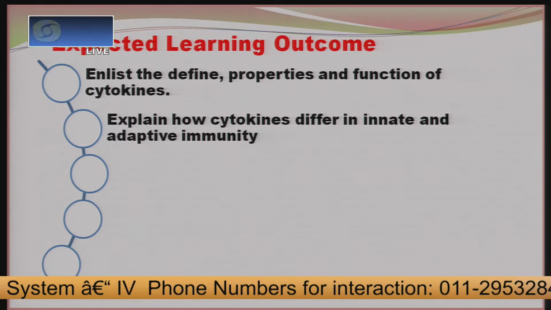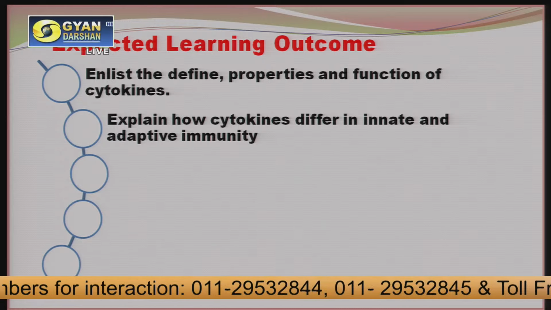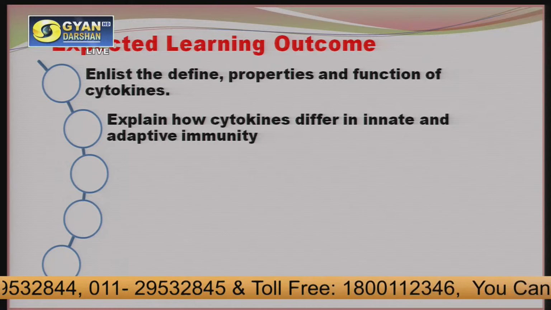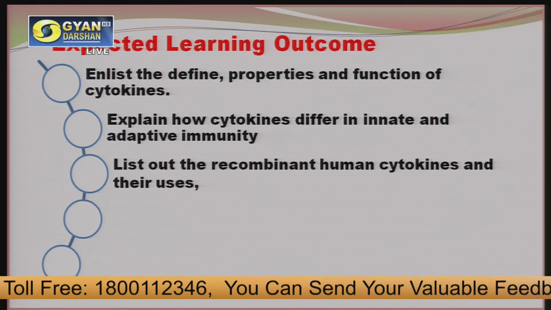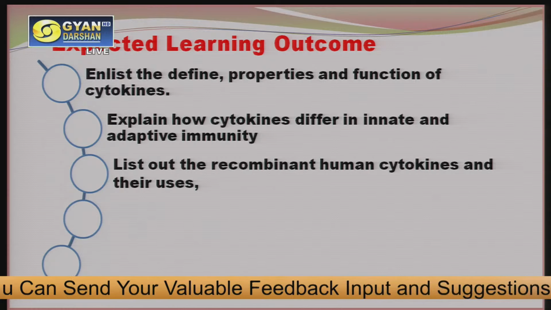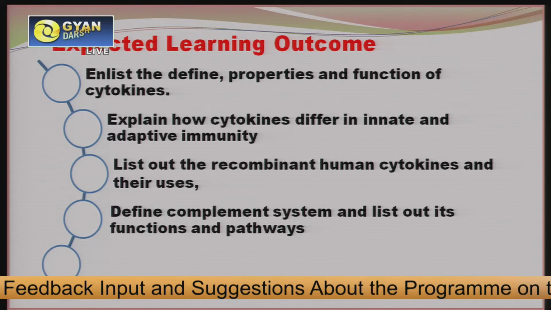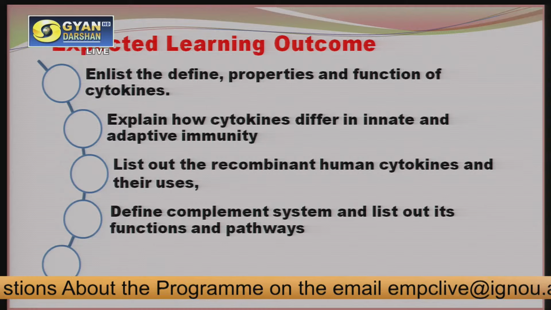You will be able to explain how cytokines differ in innate and adaptive immunity. You will be able to list out the recombinant human cytokines and their uses, and define the complement system and list out its function and pathways.